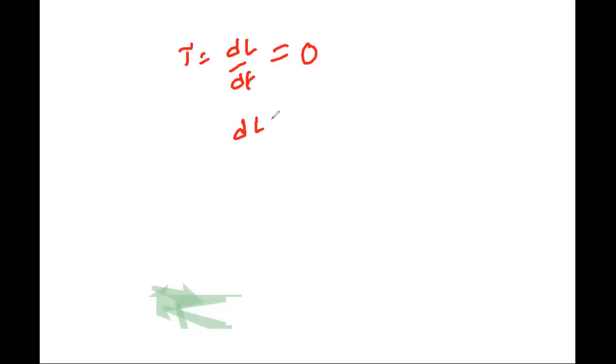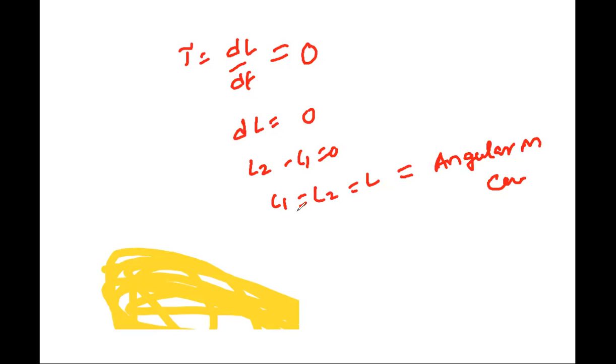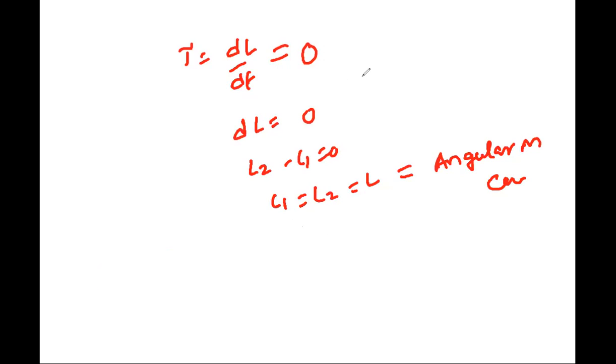So dL is equal to zero, so L2 minus L1 is equal to zero, so L1 is equal to L2 is equal to L. So angular momentum is conserved. That is it. Did you understand this question and answer? Yes, sir. So I understood why it doesn't collapse.